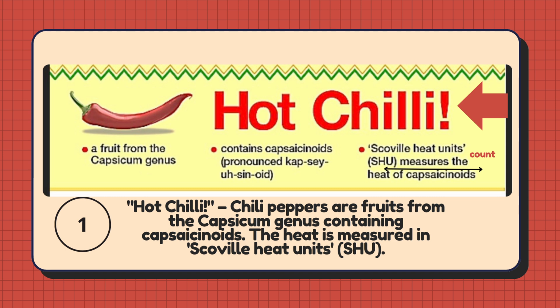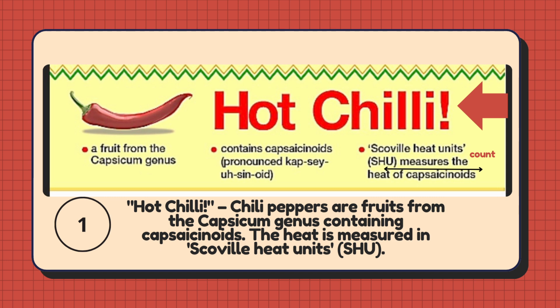And then you also have the Scoville heat units, or the SHU. SHU means Scoville heat units, which measures the heat of the capsaicinoids. Meaning to say, measure means count.